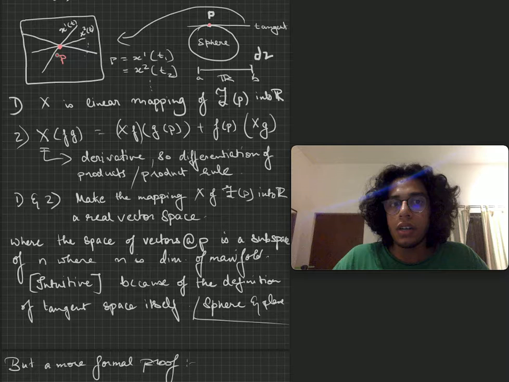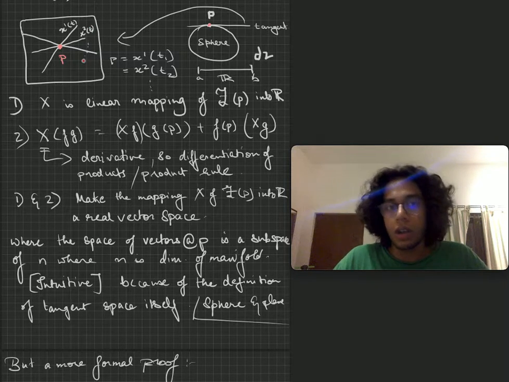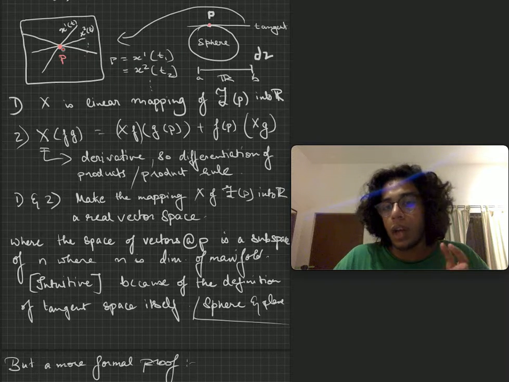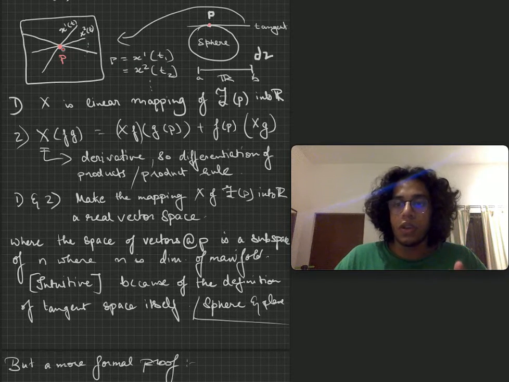So if you have a coordinate system in U of the manifold of n dimensions, you can describe all the tangents, or the space of vectors, with respect to that particular coordinate system. So it has to be a subset of the coordinate system.